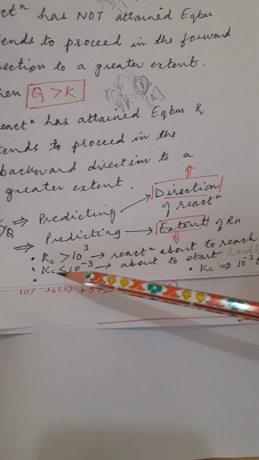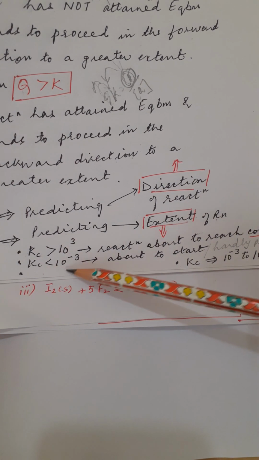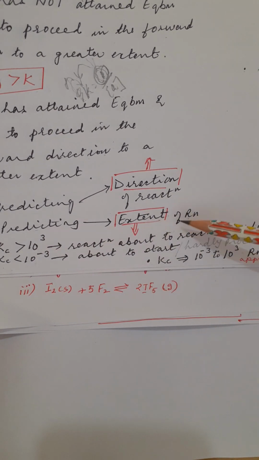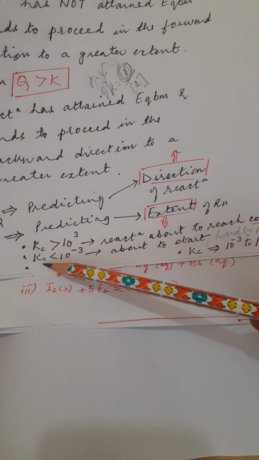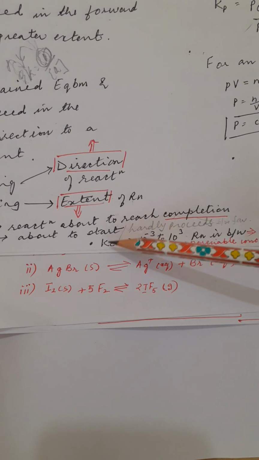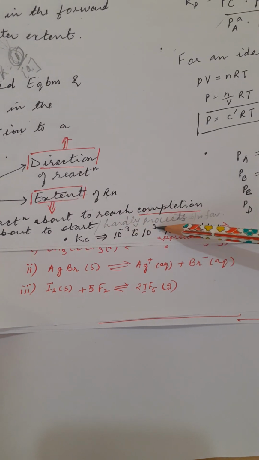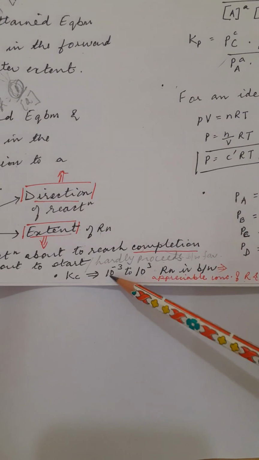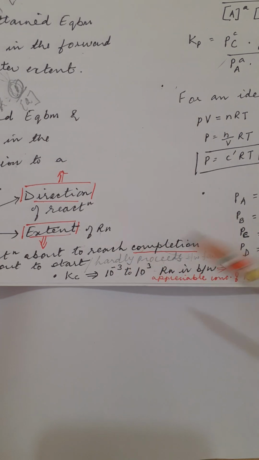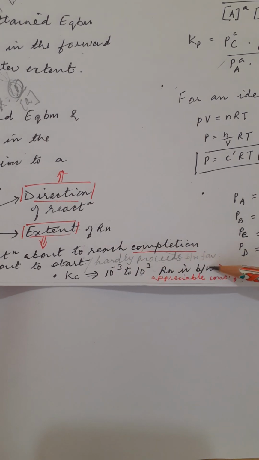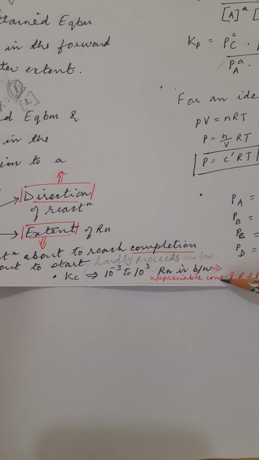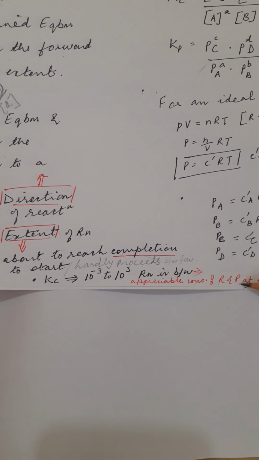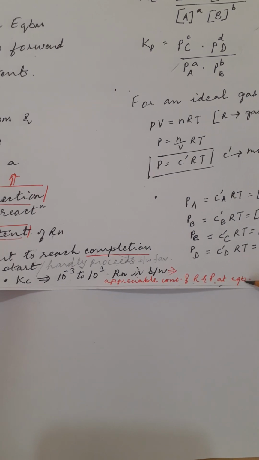If your Kc is at 10 power minus 3, that means the reaction had hardly progressed before the point of equilibrium was attained. And if Kc is lying between 10 power minus 3 and 10 power 3, the reaction is somewhere in between, and appreciable amounts of reactant and product would be present at equilibrium.